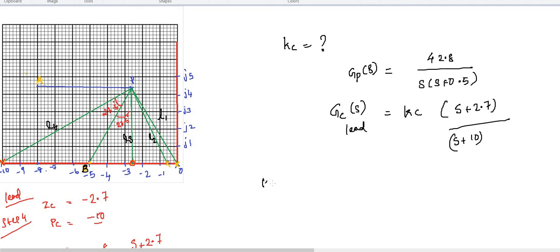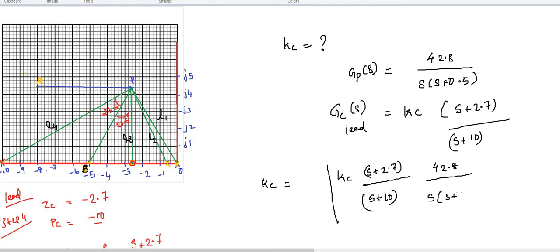Now how can we find out Kc? Using the magnitude criterion, Kc into S plus 2.7 divided by S plus 10 into 42.8 divided by S into S plus 0.5 at S is equal to SD should be equal to 1. So what is this?